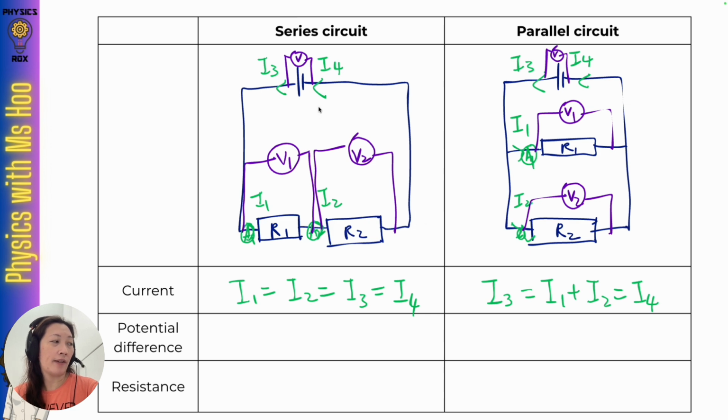So when you look at V, it is the terminal potential difference. It's measuring the work done from this point all the way through V1 and V2 and back to this point. So for a series circuit, V is equal to V1 plus V2. So V is the sum of V1 and V2.